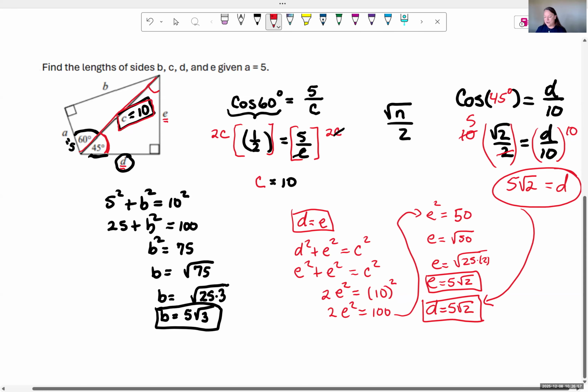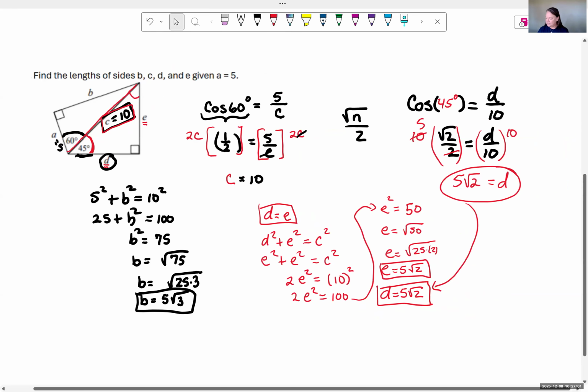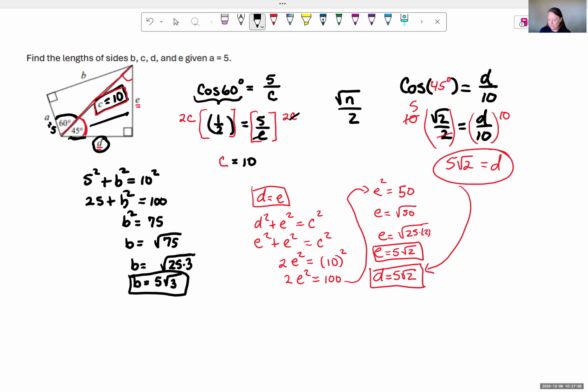So then you could either use the Pythagorean theorem, or if you didn't notice again that they're the same values, we can say, if I use sine of 45 degrees, this is equal to the opposite E all over the hypotenuse 10. Sine starts at the bottom and you count up to the number of the degree.